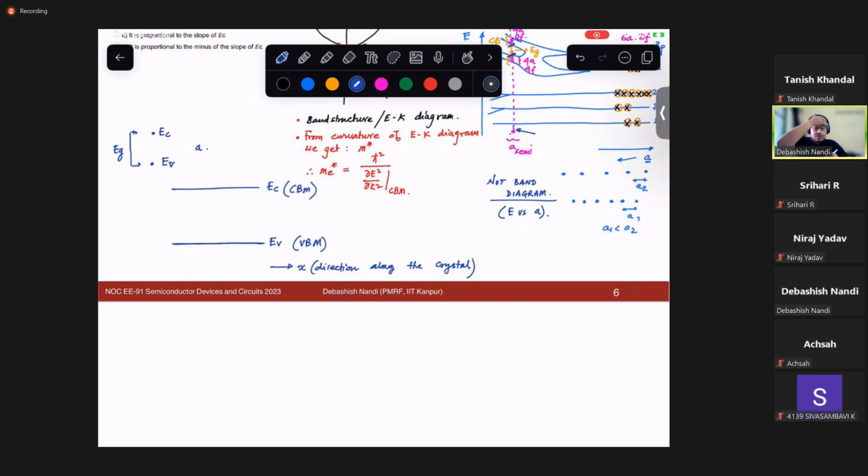So this kind of diagram we call band diagrams. If I ask you, in energy band diagrams, what is the y-axis and what is the x-axis? What will be your answer?